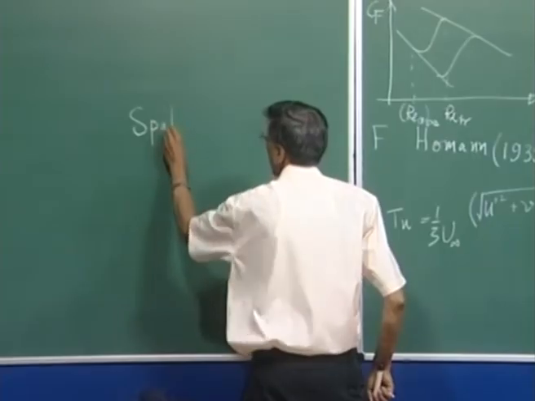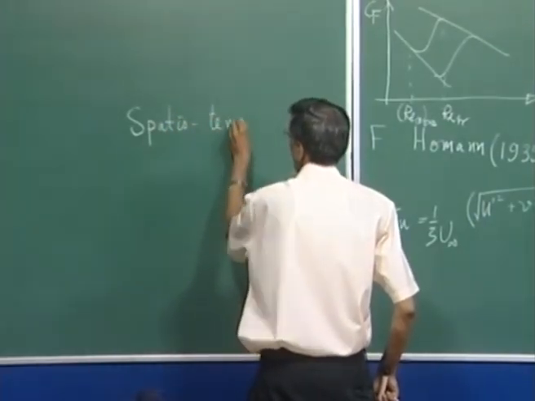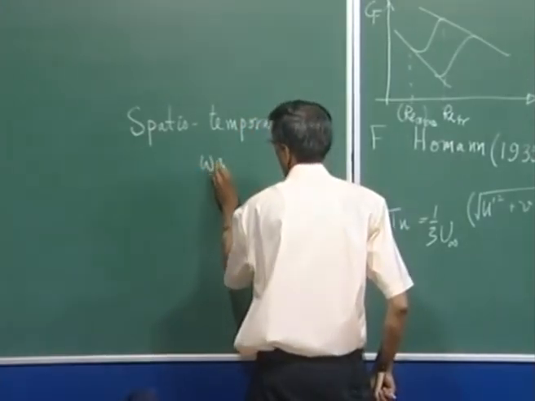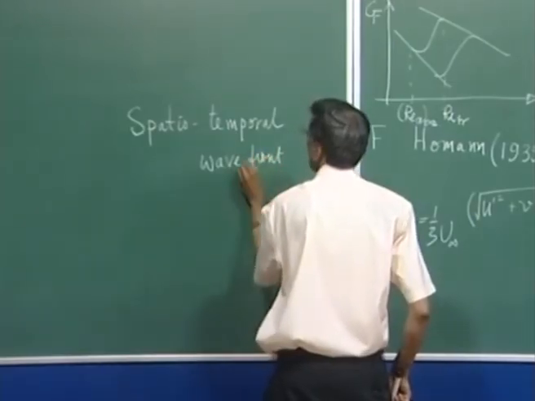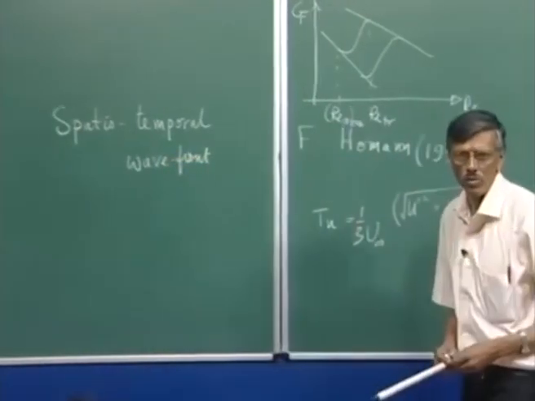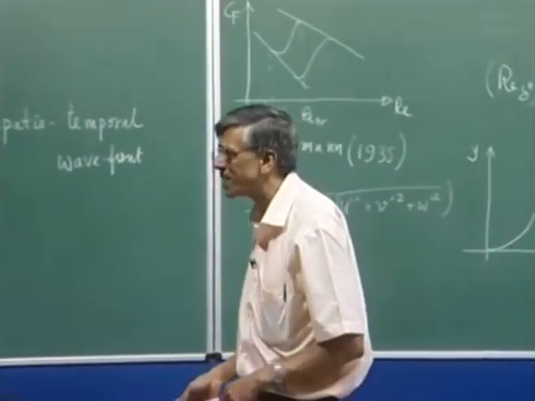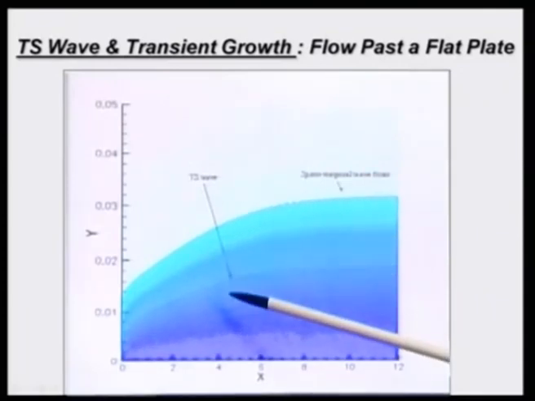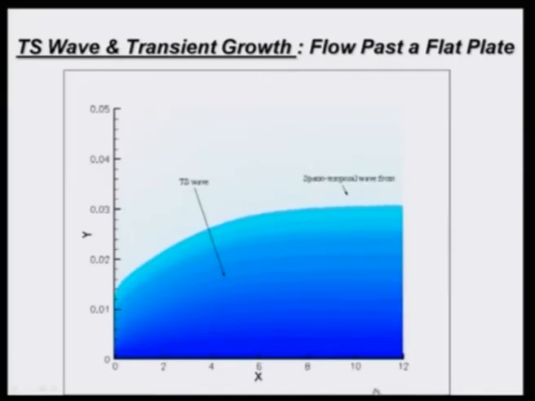because these quantities go like a wave front, and their growth rate is spectacular. These growth rates are significantly larger than what you see for the Tollmien-Schlichting wave.